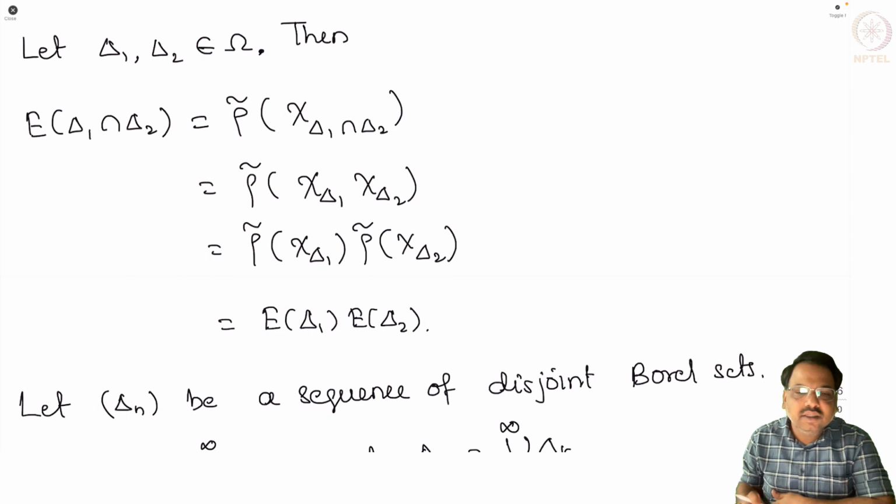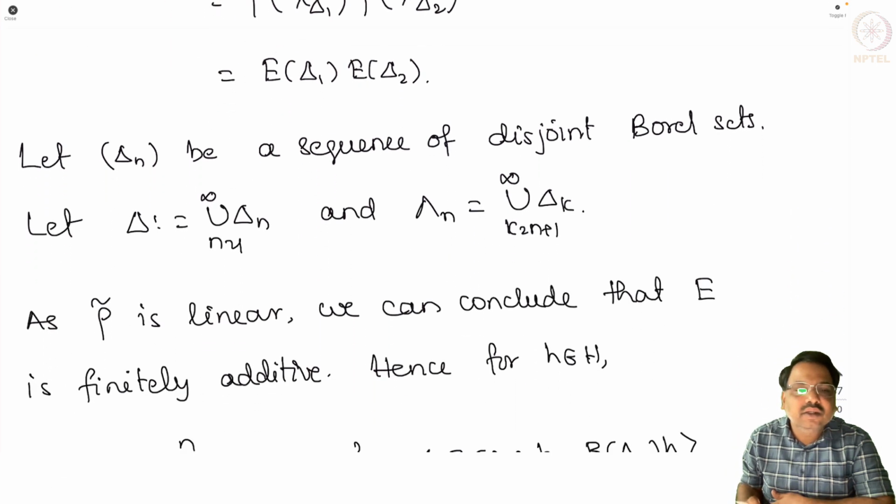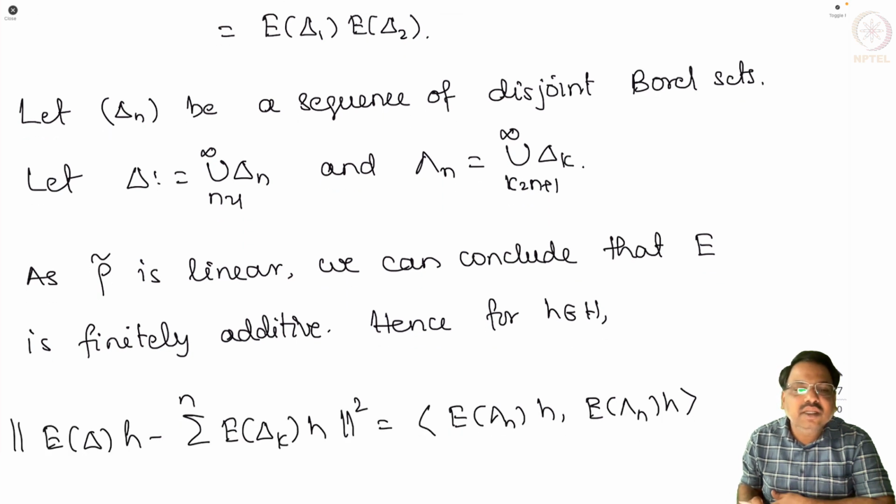Now let us take a sequence of pairwise disjoint Borel sets, delta n. Let us write delta to be the union of delta n, n equal to 1 to infinity, and lambda n to be the union of delta k, k equal to n plus 1 to infinity. Now using the linearity of rho tilde, we can show that E is finitely additive.